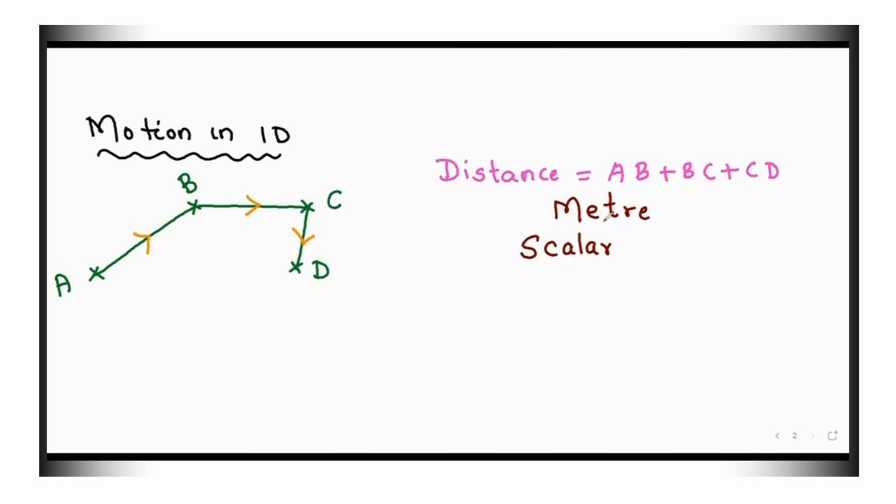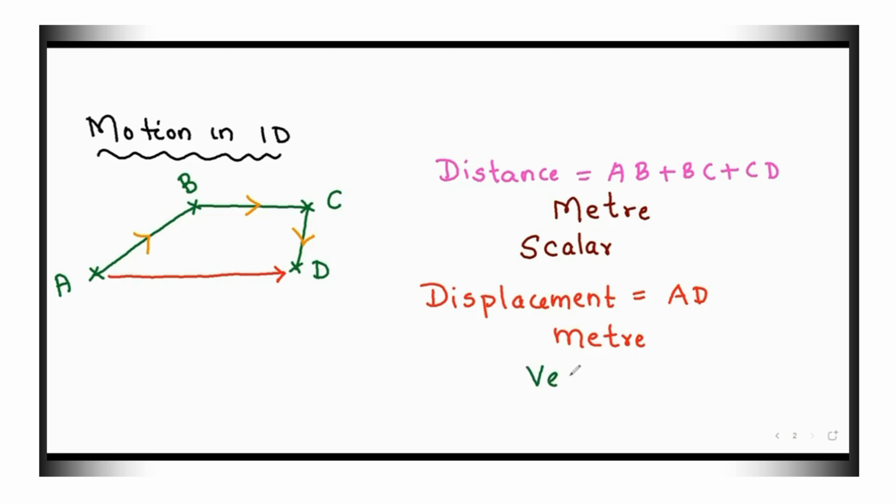Whereas, the distance between the initial position and the final position, we call displacement. That is only from the initial position to the final position. It has SI unit meter, but it has a specific direction. So it is a vector quantity.